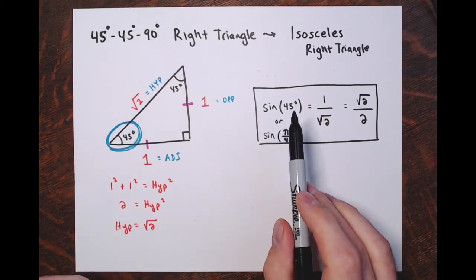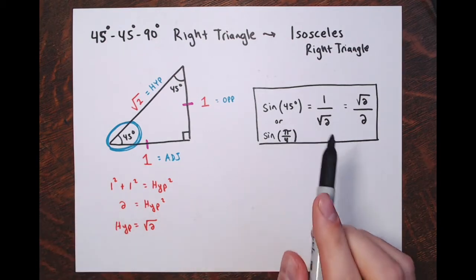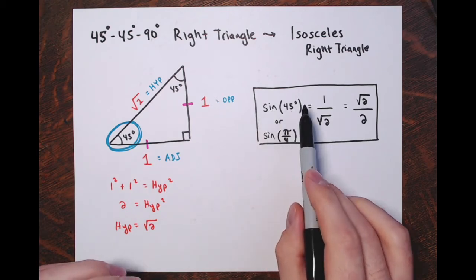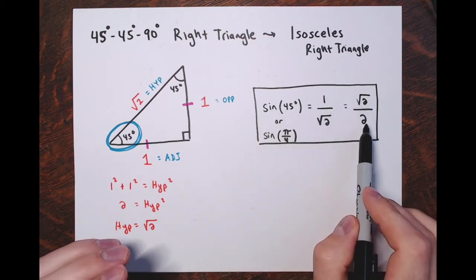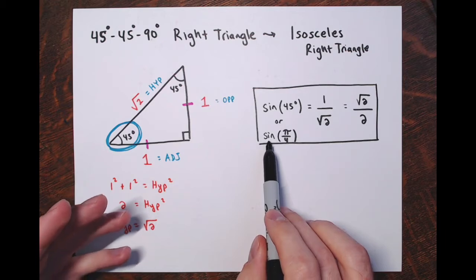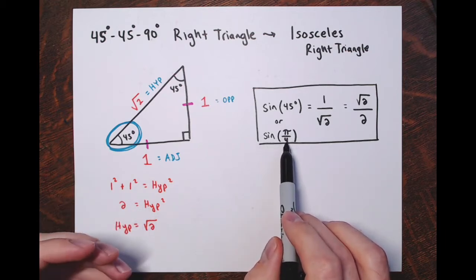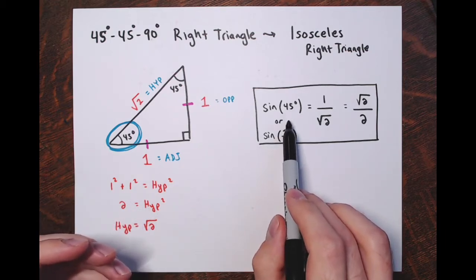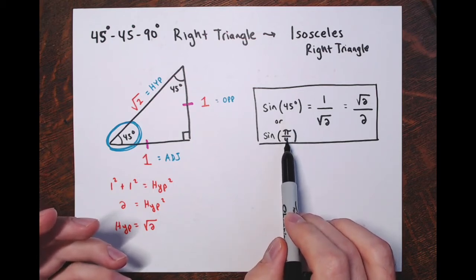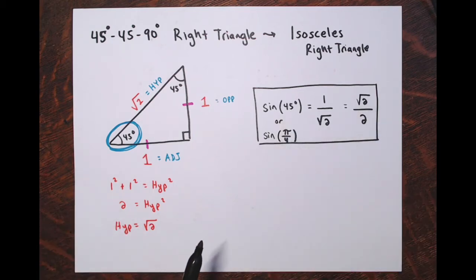So you can say one of these two things and they mean the same thing. The sine of a 45-degree angle is the square root of 2 divided by 2. Or you could say the sine of a pi over 4 radian angle, which is the same as a 45-degree angle, they're the same measure, is the square root of 2 divided by 2. And again, please, get to memorizing this.